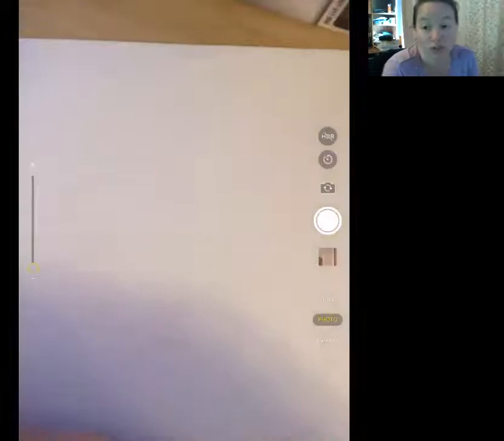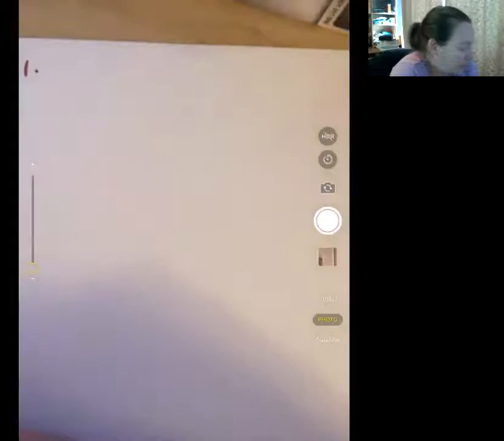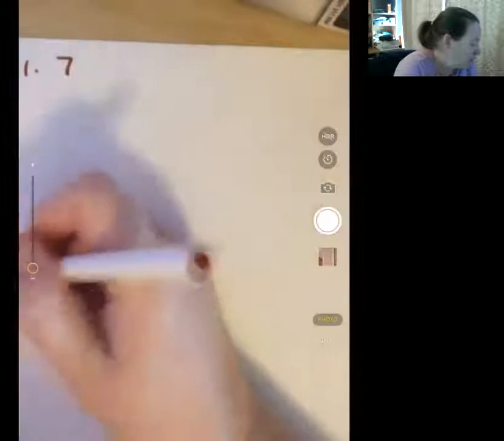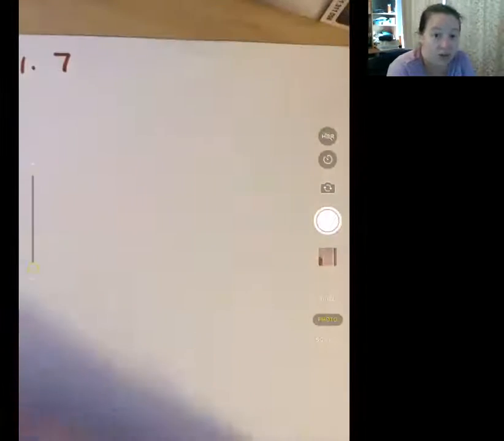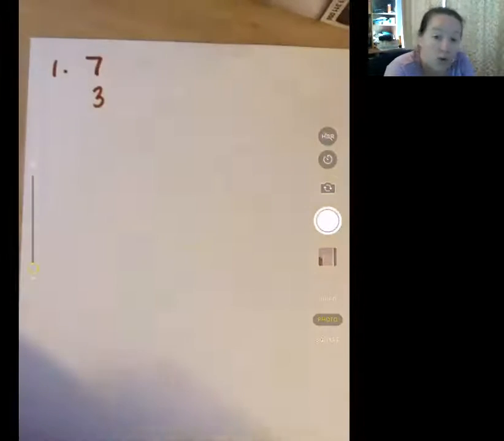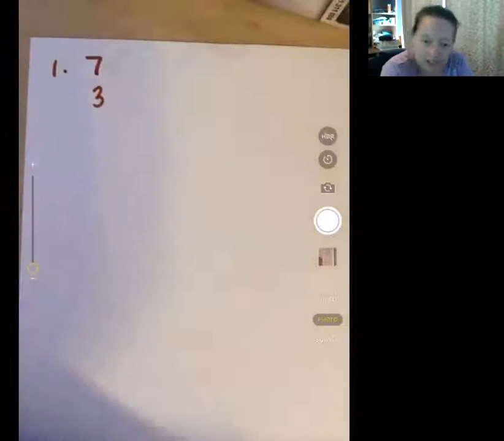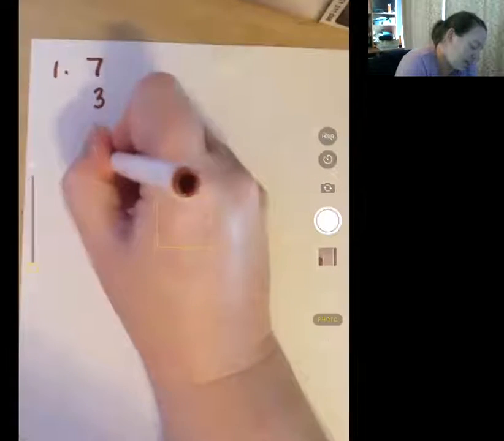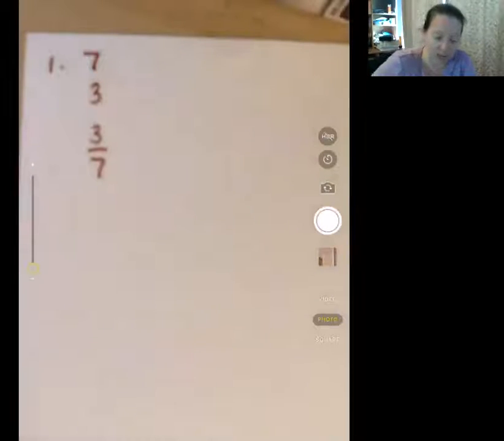We're doing dividing fractions. Number one, the total number of counters that it shows there are 7. The shaded counters, how many of the counters are shaded? 3. So our fraction that are shaded is 3/7, or 3 out of 7.